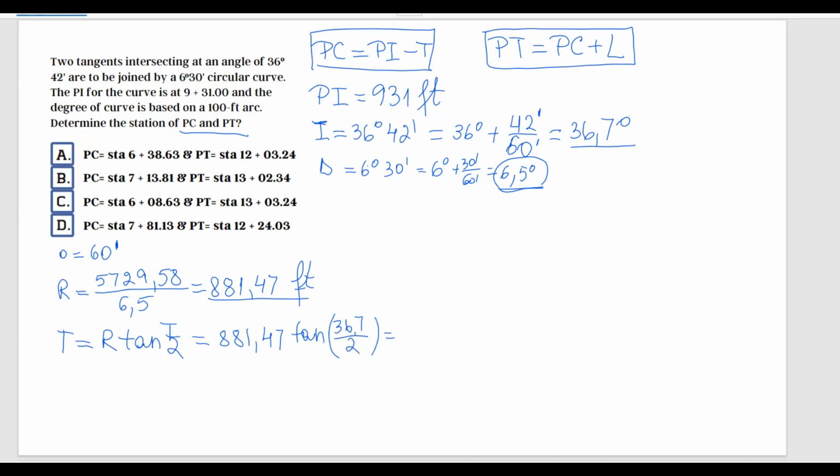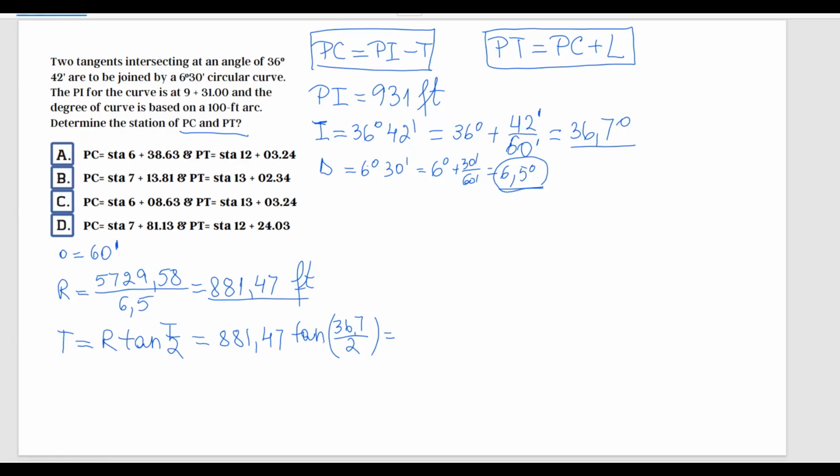Equals, let's do this. So 881.47, we have 36.7, divided by 2, and then do tangent of that, multiplied by, so I get 535.85. Let me just double check if I did it correct.